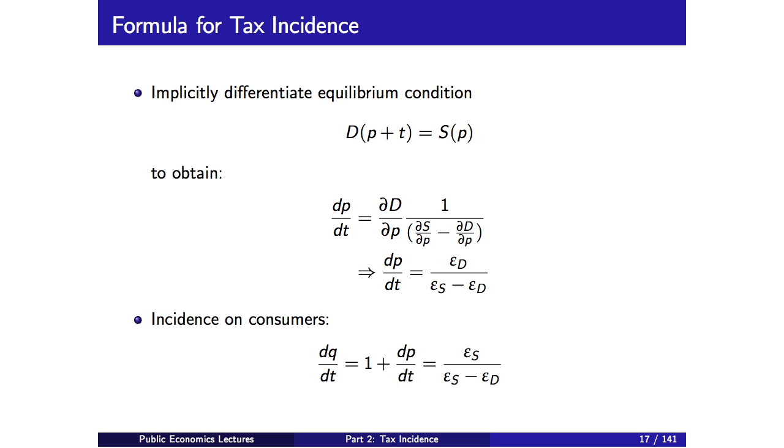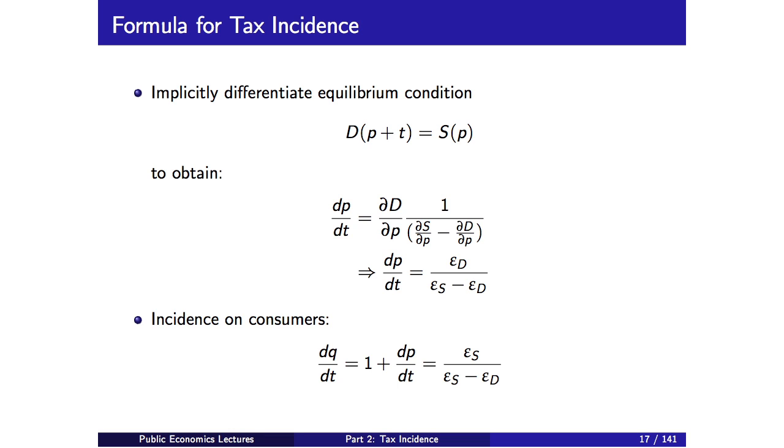And I'll let you work through the algebra at home, which is straightforward. So dP/dT is going to be given by the slope of the demand curve, dD/dP, times 1 over the sum of the slopes of the supply and demand curve. Okay, so why do I say sum of the slopes even though there's a minus sign here? Because the demand curve is downward sloping, right? So it's a negative number.